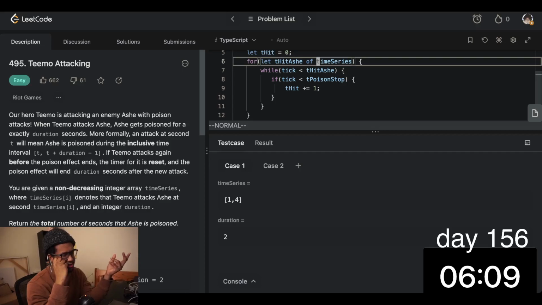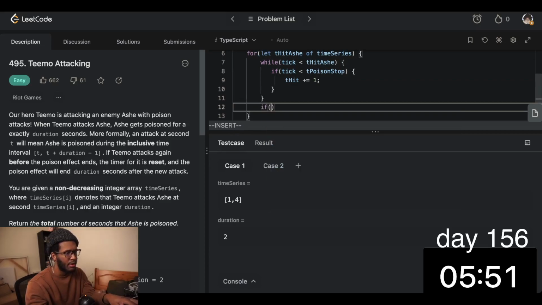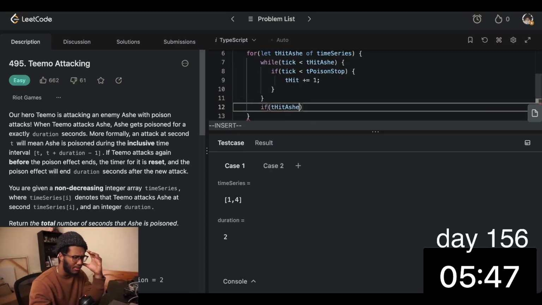We're going to go to the next thing. Then T hash is going to be 4. We'll say tick is less than, what am I saying?